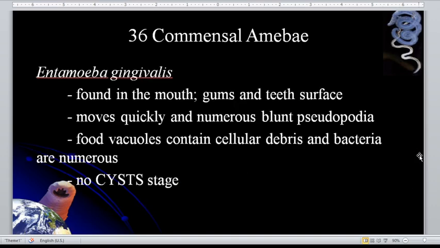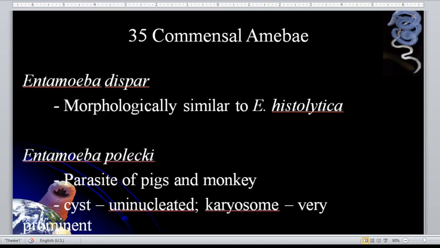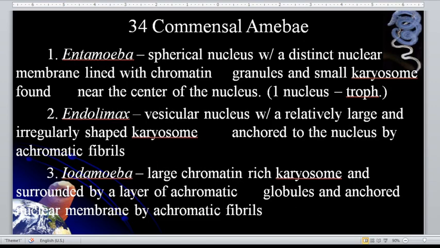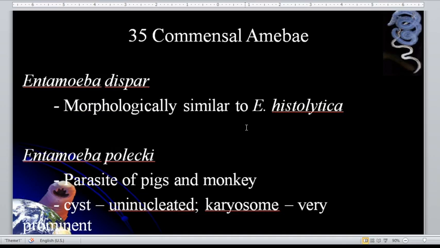Okay, so we have the Entamoeba dispar. Again, the Entamoeba dispar is morphologically similar to histolytica.